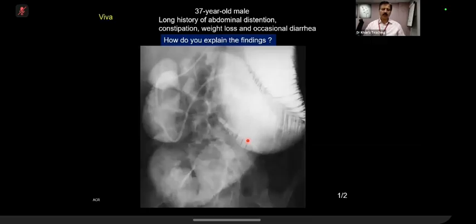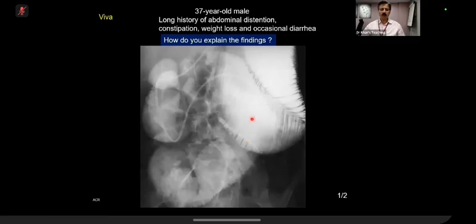Because the circular muscles are affected, there is loss of capability of elongation of the bowel. At the same time, there is no loss of capability of dilatation. So there is crowding of folds in a dilated loop of small bowel.